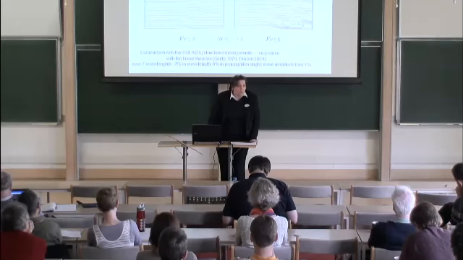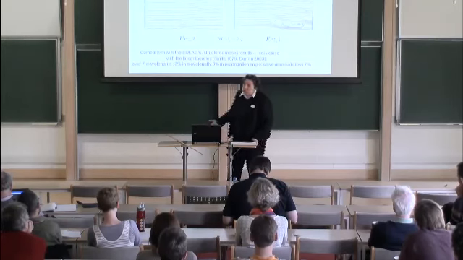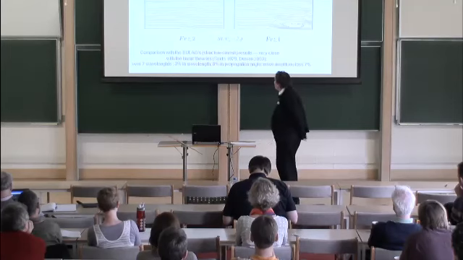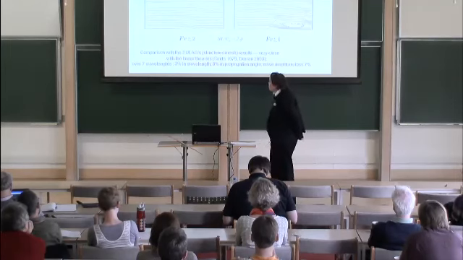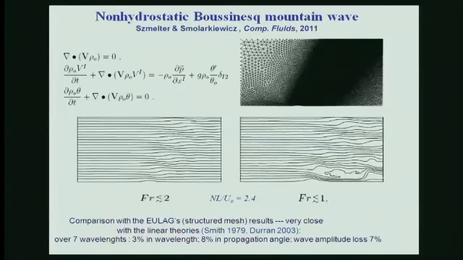However, we use twice less points to obtain the solution. So there is a saving in this respect. And the comparison with the equivalent spacing structured mesh, for which we use the OILAC to make this solution, shows that the solutions are extremely close to each other.